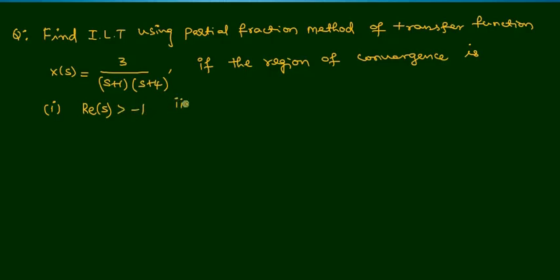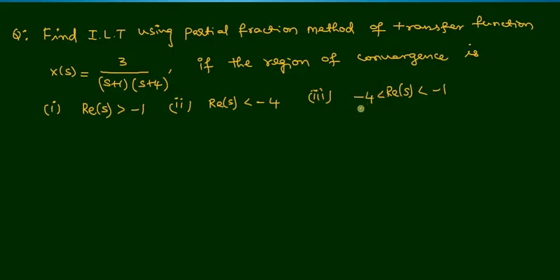Point number 2, real part of s less than minus 4. Third one is real part of s in between minus 1 and minus 4.